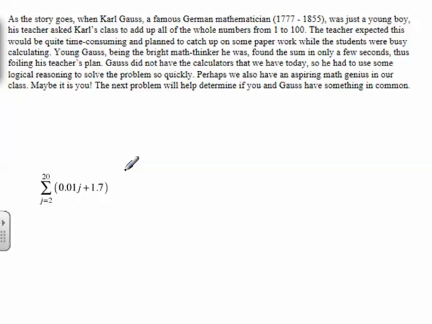So what Gauss did was he took all of the numbers 1 plus 2 plus 3 plus 4 and so on, dot, dot, dot. And then he decided to sort of cut that list of numbers in half. If we cut it exactly in half, we'd go 1 to 50.